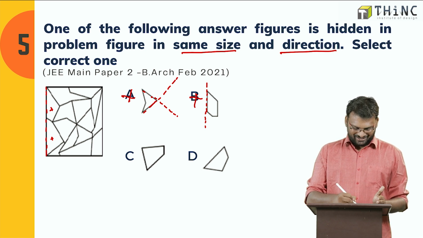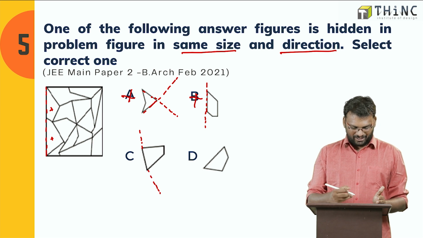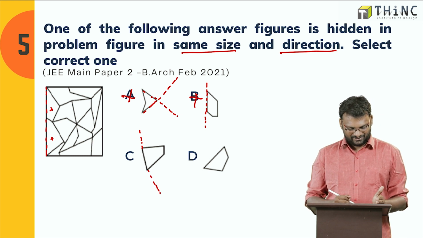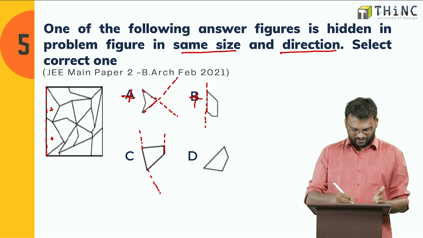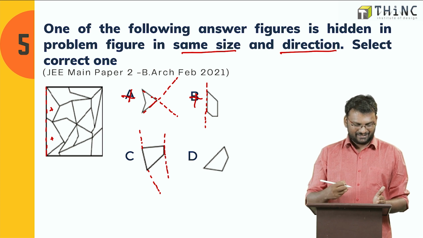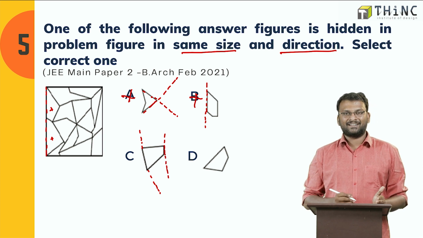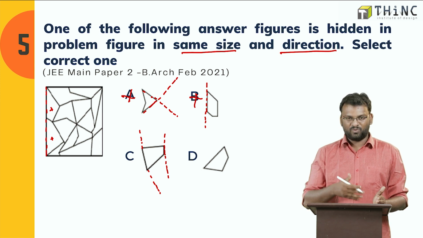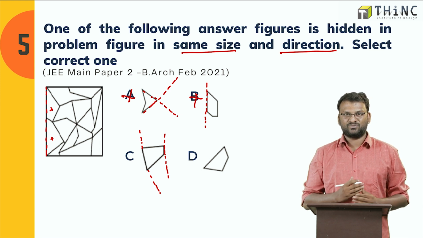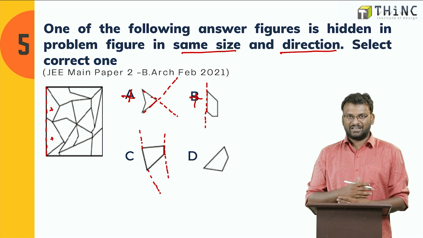When you extend it, where can you find such a line like this? In certain question papers, questions bounded by straight lines will always be coming. At that time this trick will help you.